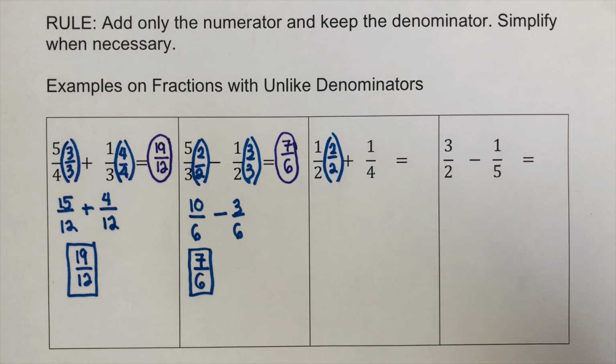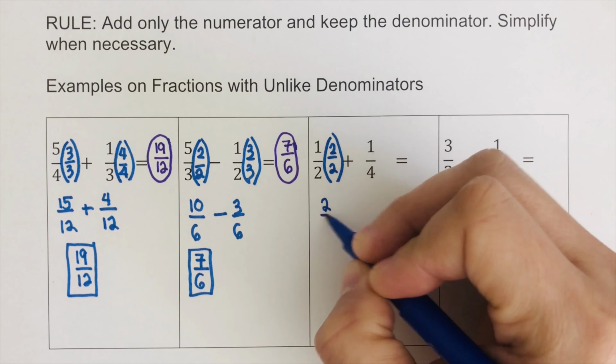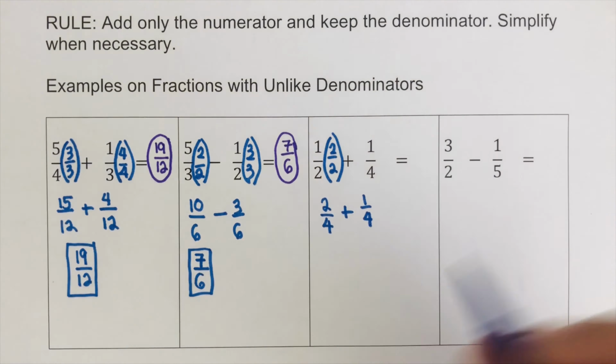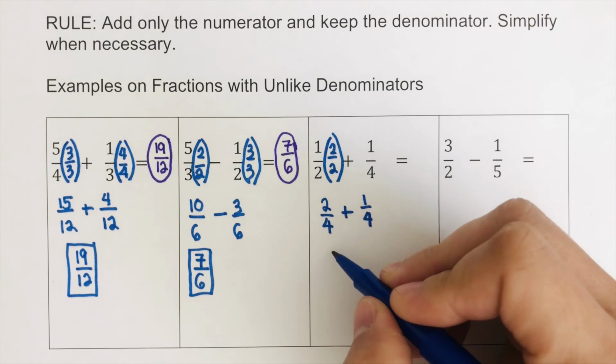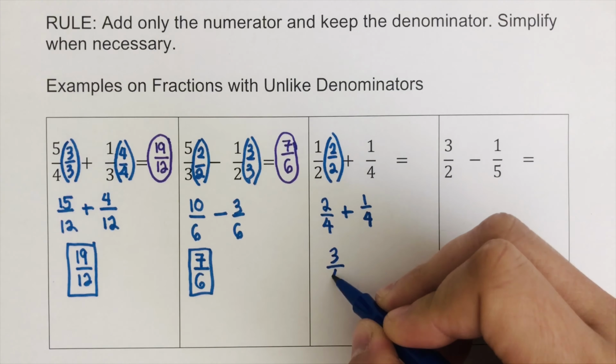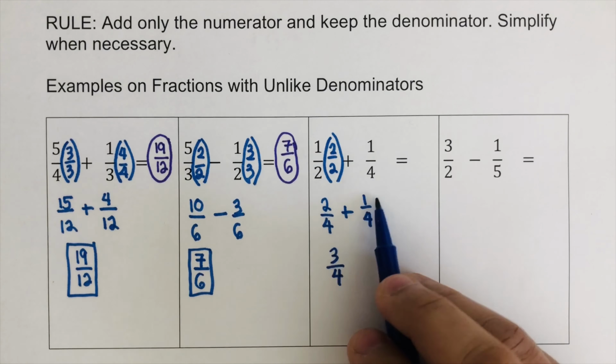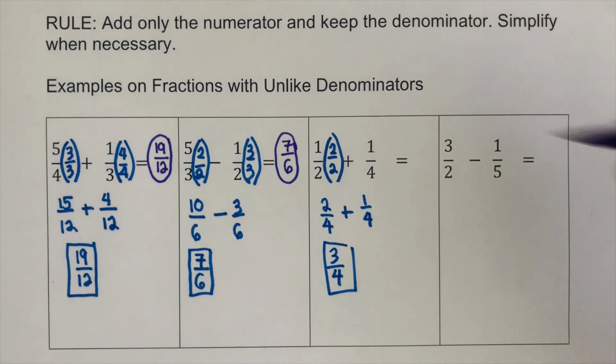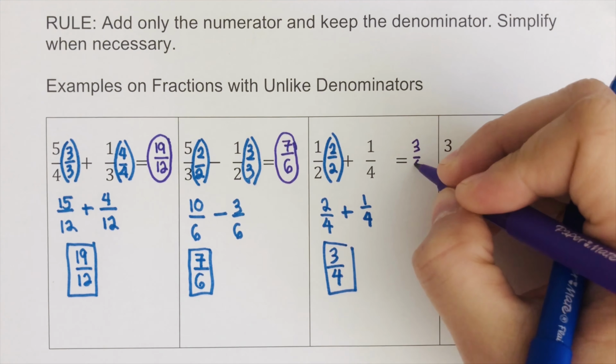That should be fine too. So we get 2/4 plus 1 over 4. So the denominators are the same now. So we got 3 over 4 because 1 plus 2 is 3. So this is 3/4.